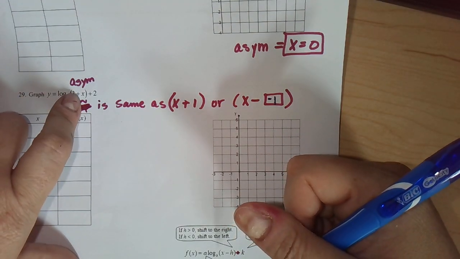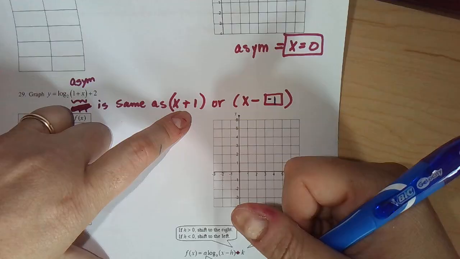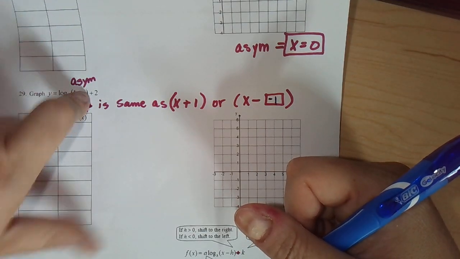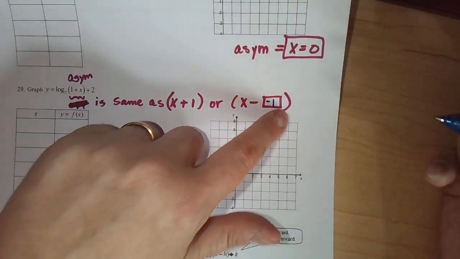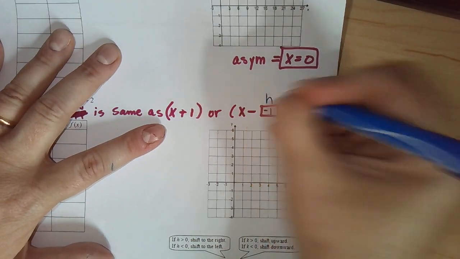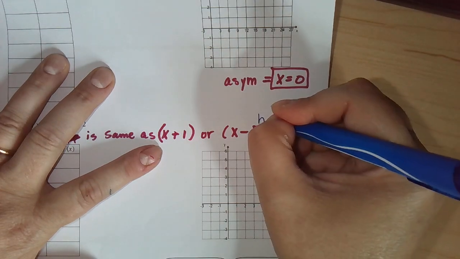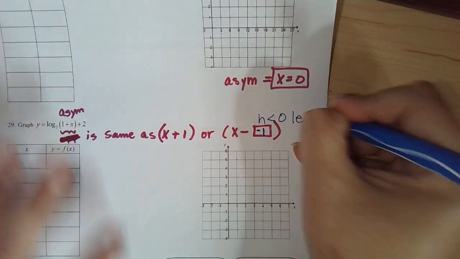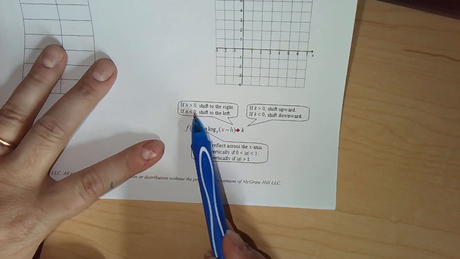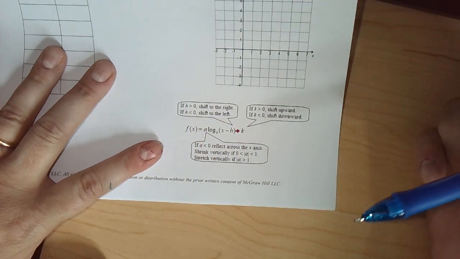So 1 plus x is the same thing as x plus 1, because the 1 is positive. But to get that 1, it comes from a double negative, where that -1 that we just found is h, and h is less than 0, so go to the left. See how it says h is less than 0, go to the left?